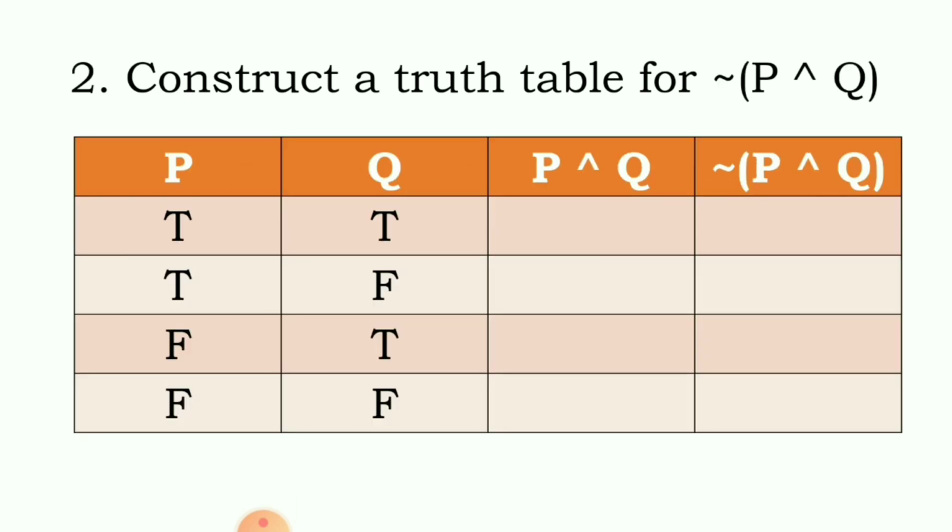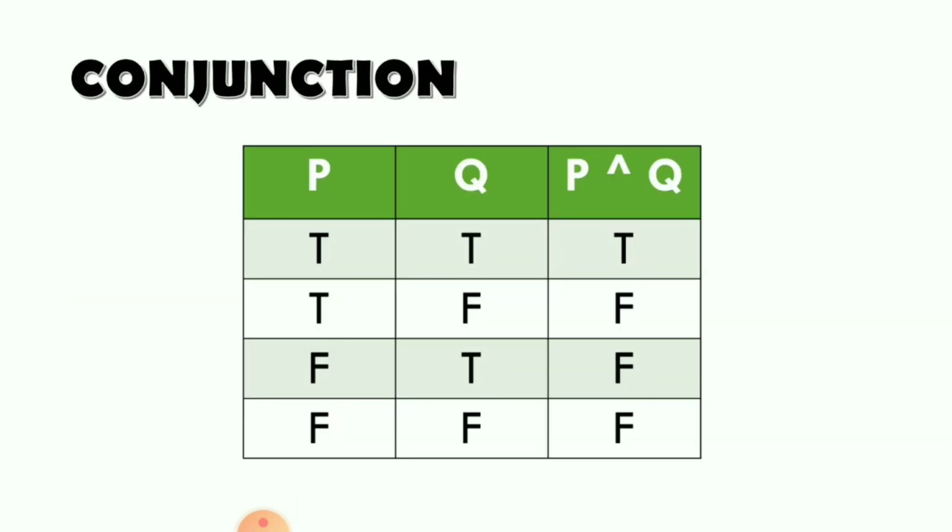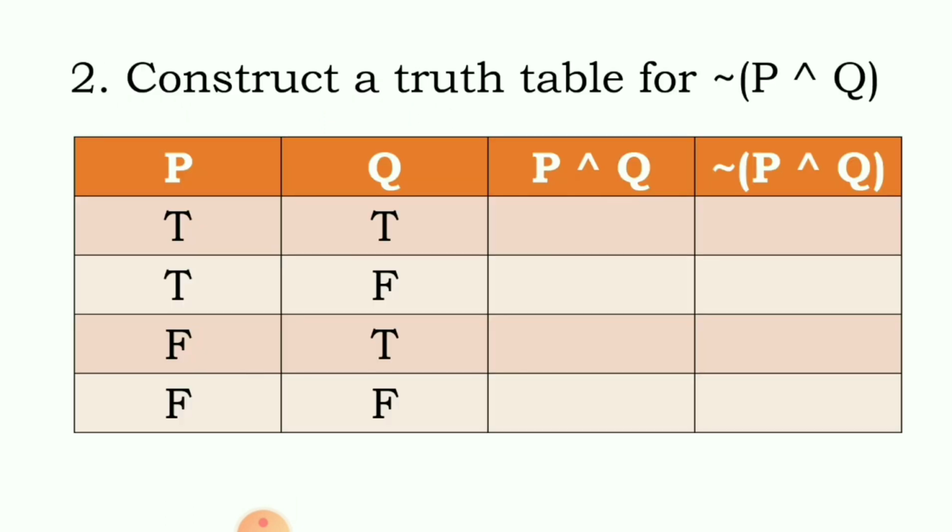Next, construct a truth table for negation of the quantity P and Q. So we have here on the table all the possible combinations of truth values of the propositions P and Q. First, we need to get P and Q. That is conjunction, so it will only be true if both the propositions are true.